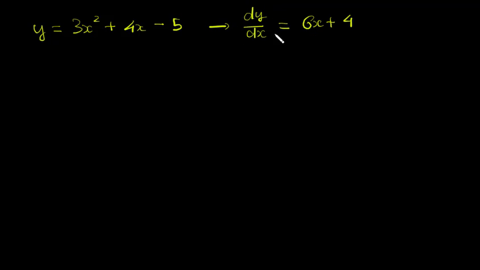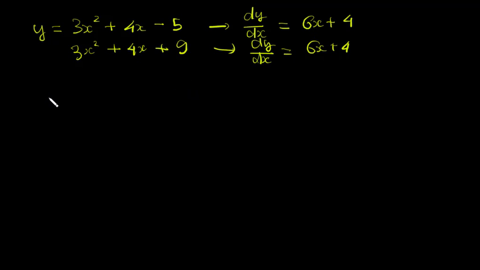So when we convert it back, we don't know which one is the right one. Maybe the equation 3x squared plus 4x plus 9 will give the same result, 6x plus 4. So we cannot identify the exact equation that we used at first. Now we will find a way to solve that problem.